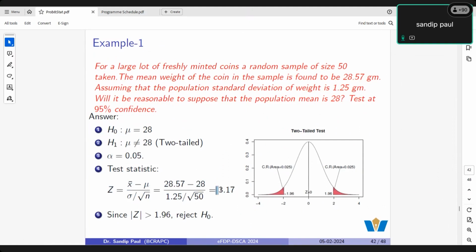So here the observed value of Z is 3.17, but in the tabulated value, when Z is greater than 1.96, it will fall into the critical region. That means our test statistic falls into the critical region. That's why we'll reject H0.